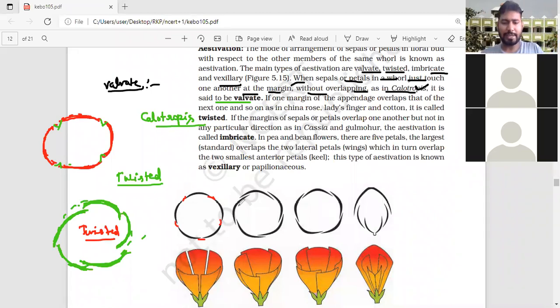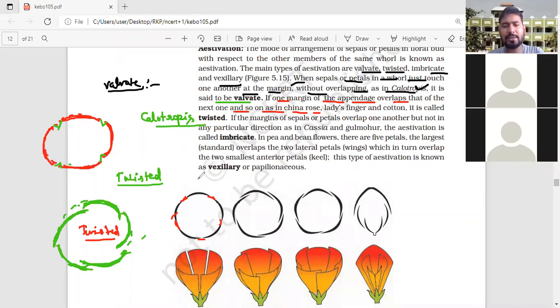In twisted, one margin of the appendage overlaps the next one, and so on, as in China rose. In the case of valvate estivation, they are not going to overlap.